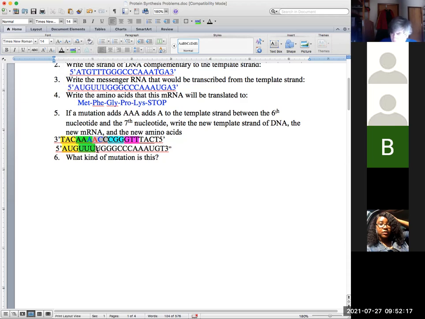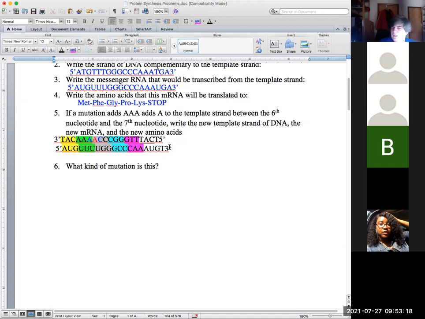I just want to change the fill. Okay. Now, some people just put a slash or something here. So let's look up our amino acids.